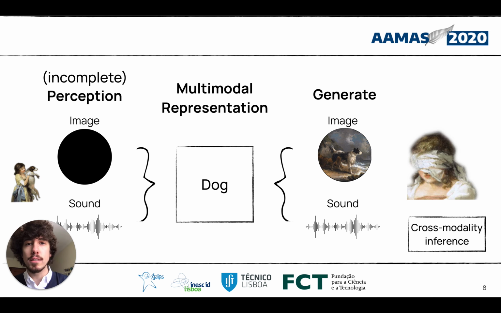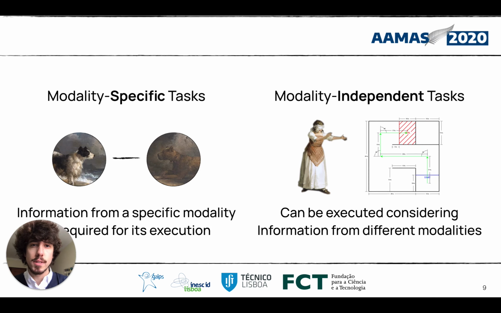Here we would like to distinguish between two different types of tasks. On one hand, we have modality-specific tasks, which require information from a specific modality or subset of modalities for their execution. One example is sorting animals by their color. On the other hand, we have modality-independent tasks, which can be completed using redundant information provided by many different modalities.